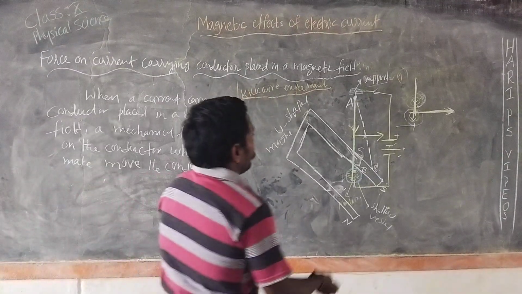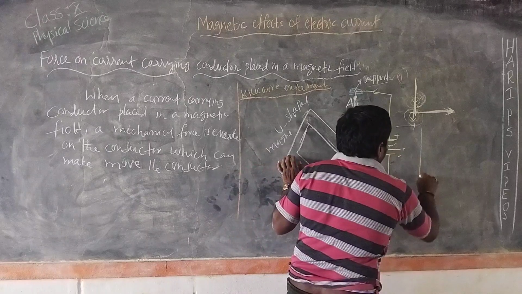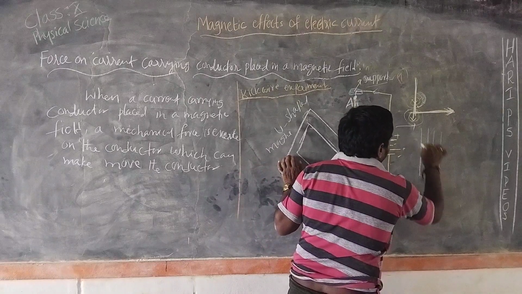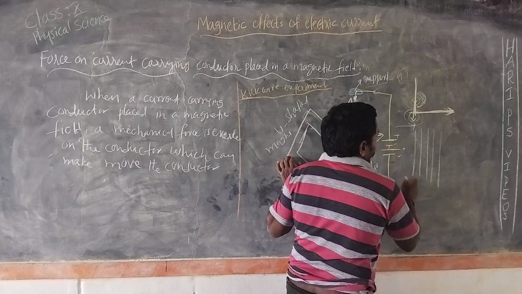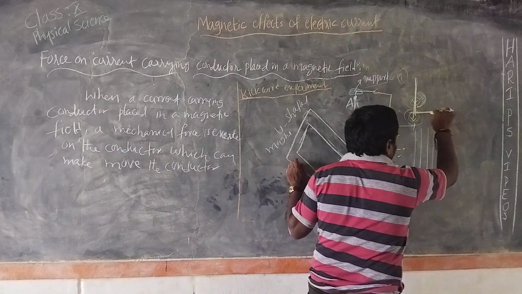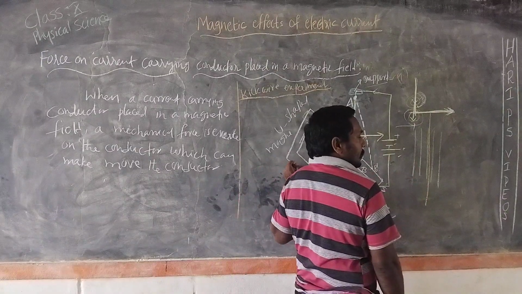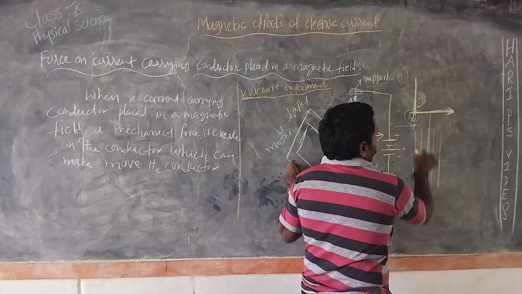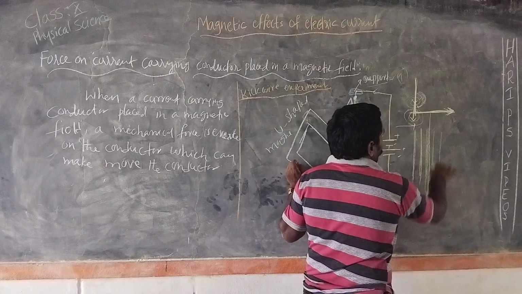For example, this is the direction of the magnetic field. If we place a current carrying conductor also in this direction, what will happen?